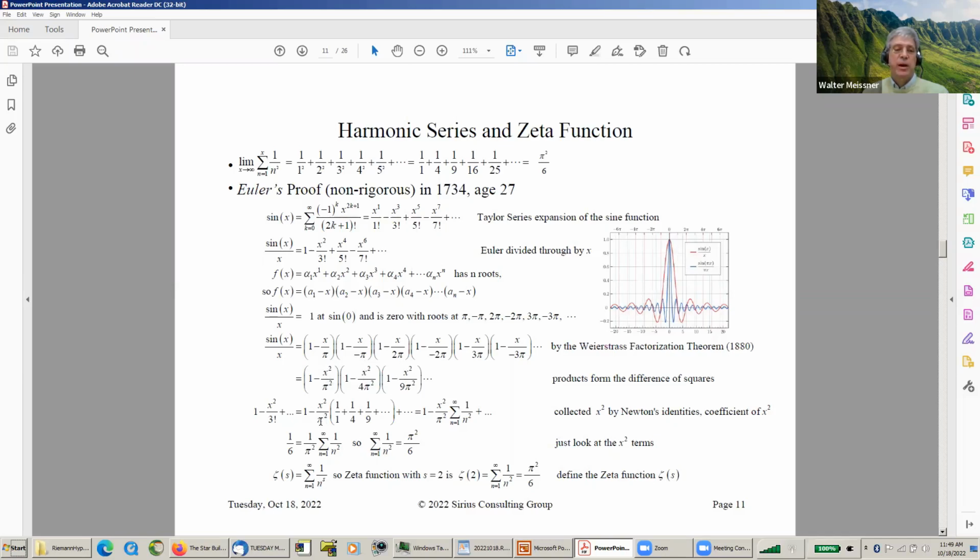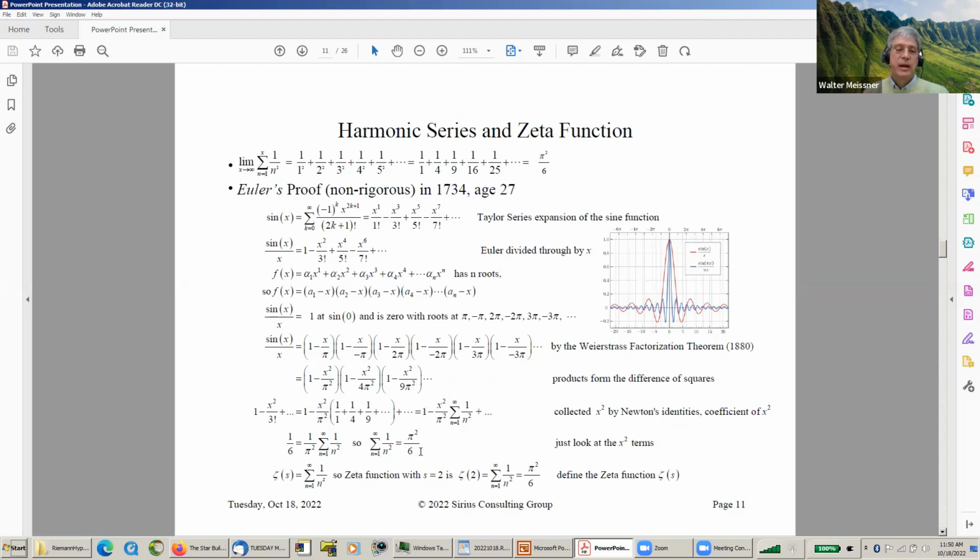You can pull this pi squared out. You're left with 1 over 1, 1 over 4, 1 over 9. And lo and behold, this series here is exactly what you started off with. So it's the summation of 1 over n squared. So if you cross multiply and clean this up, you get that this series is equal to pi squared over 6.